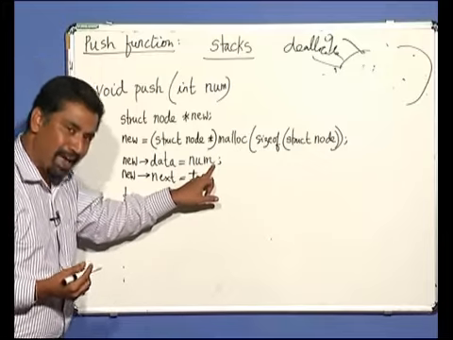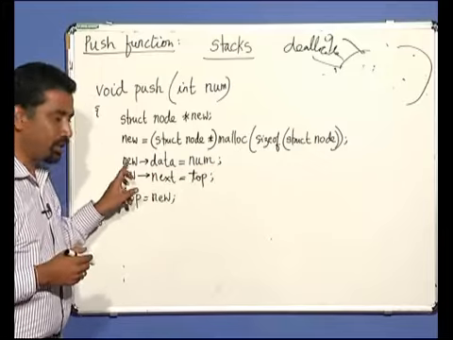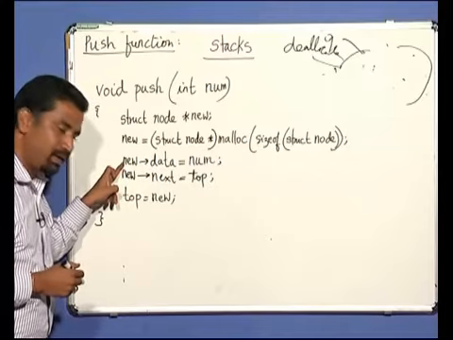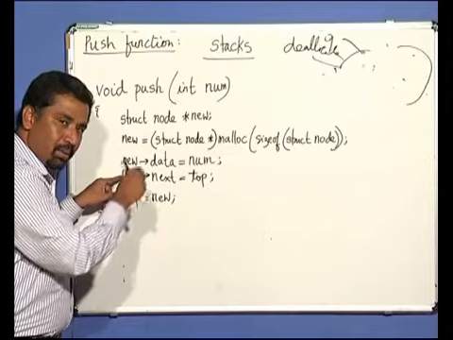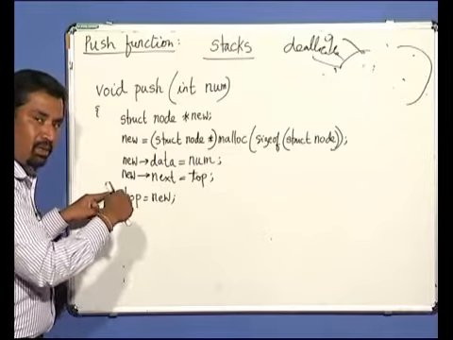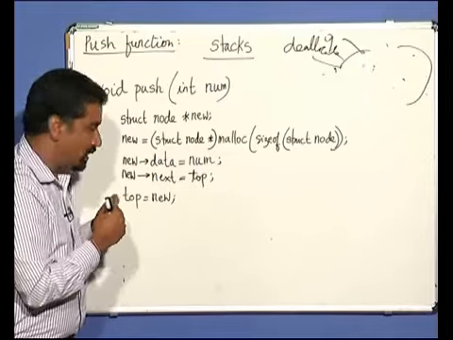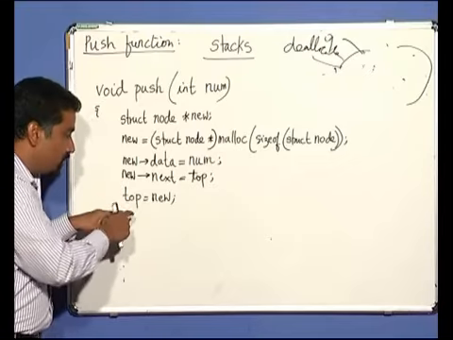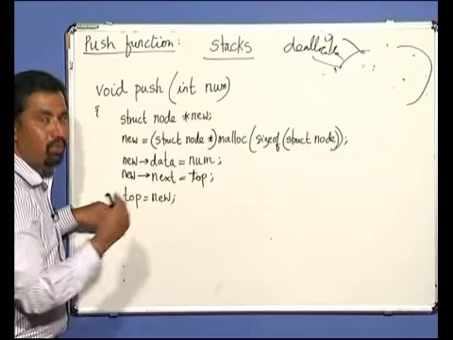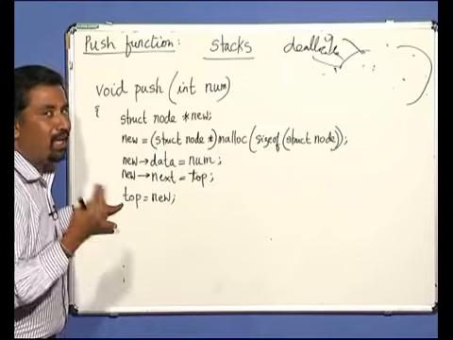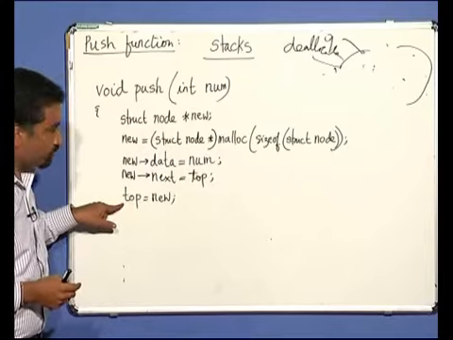Then we put the value into the data member of the new node. Then we adjust the link so that the pointer of the newly created node points to the previous top, and then the top is now made equal to the newly created element, as we have discussed before.